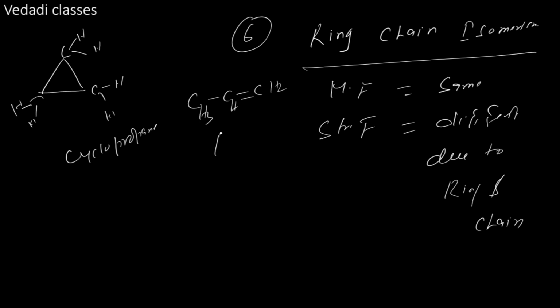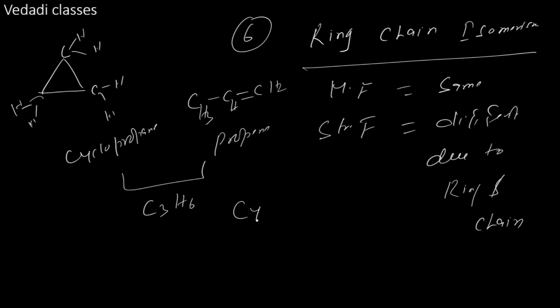Have a look at propene. So cyclopropane and propene have the same molecular formula. Have a look here. How many carbons? 3 carbons. How many hydrogens? 6 hydrogens. This is the ring form, cyclopropane, and propene is in chain form. So these are known as ring-chain isomers.